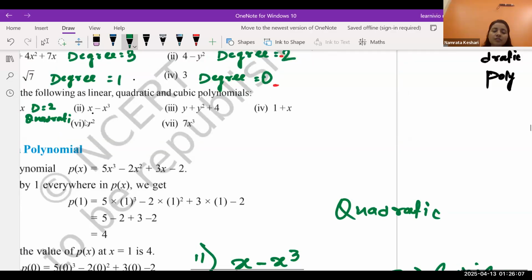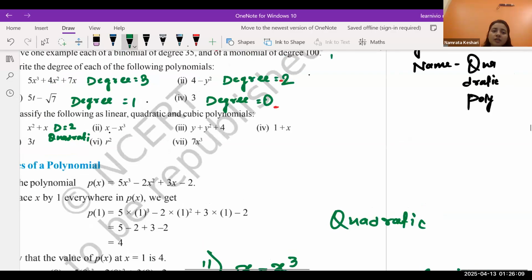You will not forget about cubic, right? Yes, ma'am. Next one, third one, what is the degree? 2. And the name is again quadratic polynomial.